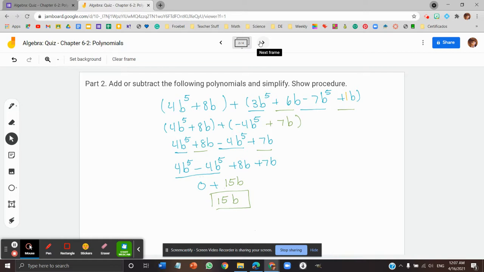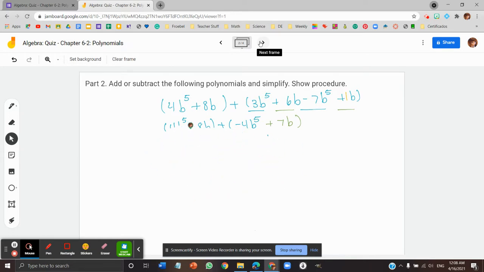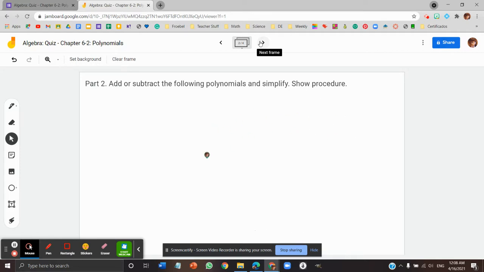Let's do another example, but this time let's abstract. So let's think, for example, that you have the following expression.